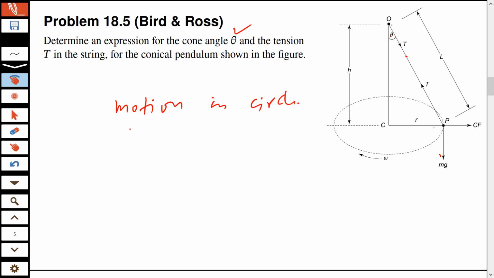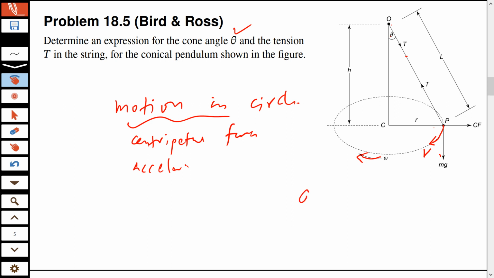again motion in a circle के लिए आपको centripetal force चाहिए, centripetal force or acceleration. Now if this angular velocity is omega, you must remember that if this linear velocity or tangential velocity is v, the acceleration was omega times v. I'm now ignoring all the cross products, so I'm only writing the scalar values.